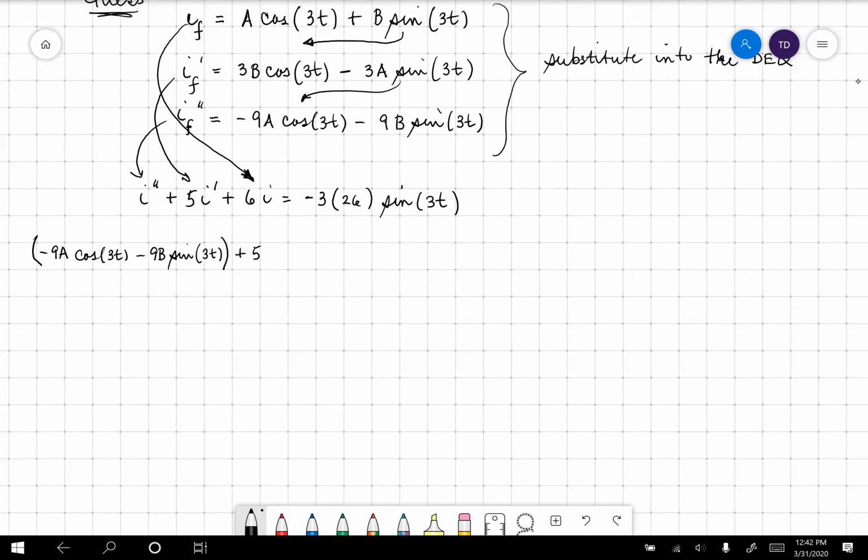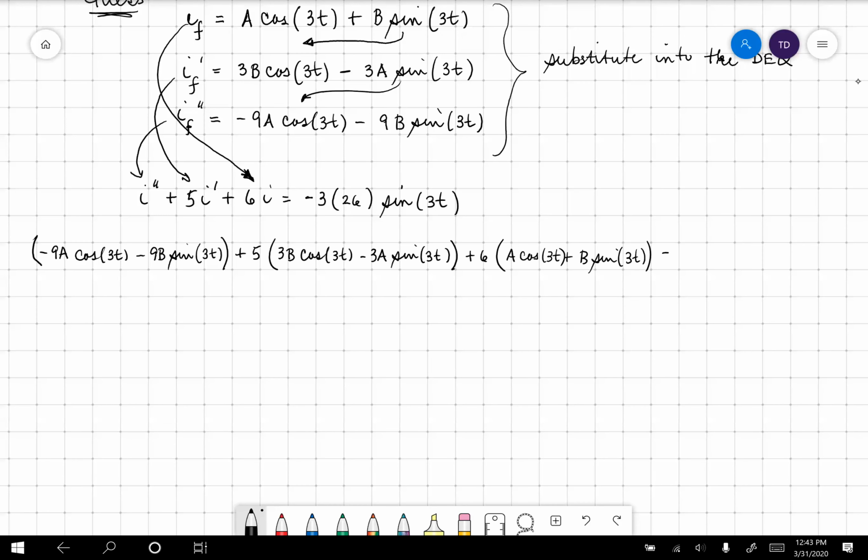plus 5 times 3b cosine of 3t minus 3a sine of 3t plus 6 times, easiest one, a cosine of 3t plus b sine of 3t.